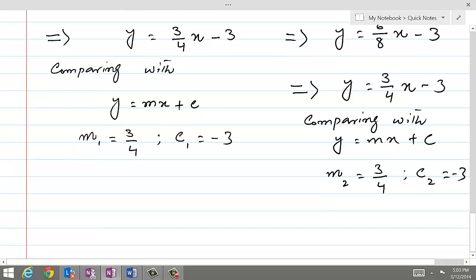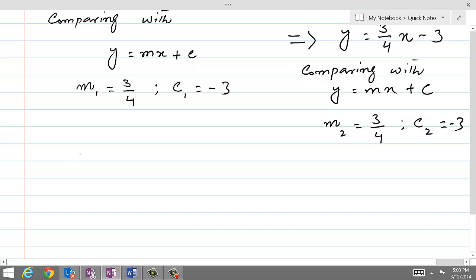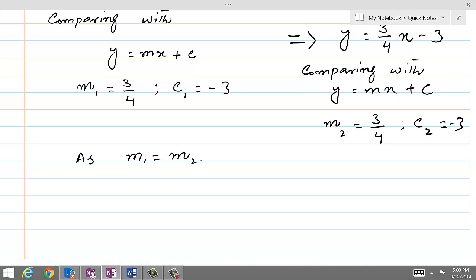So now, as m1 is equal to m2, obviously the lines are parallel, but we need to see if both y-intercepts are the same as well.